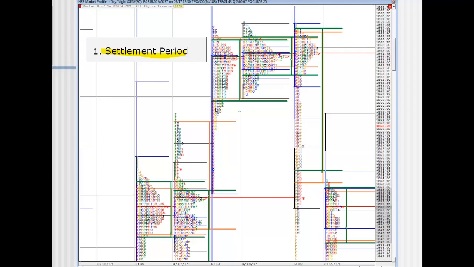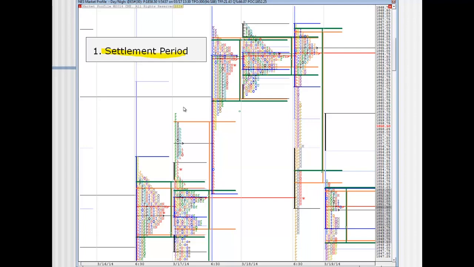Every instrument has a settlement period. However, in the case of the ES Mini or other futures commodities, the settlement period is usually the last period of the day. For the ES Mini, that happens to be a 15-minute trading period.